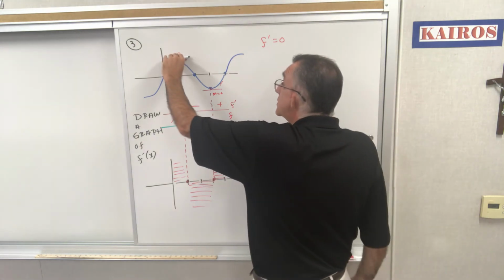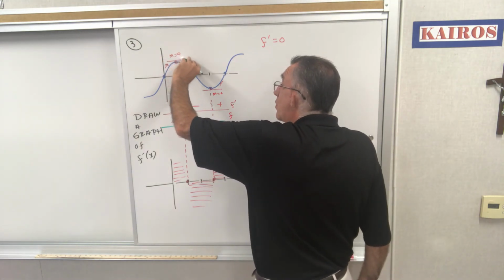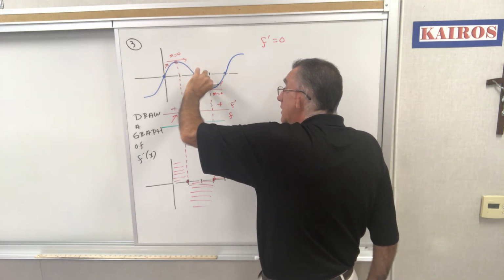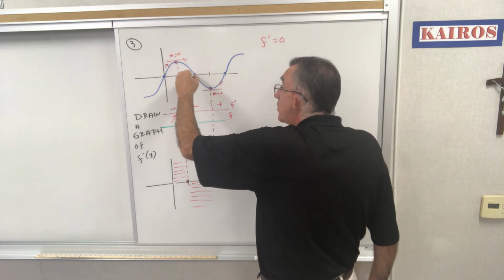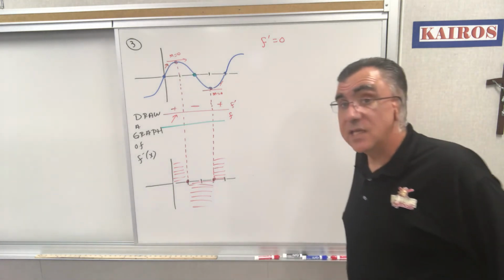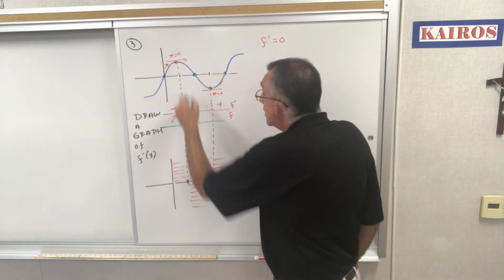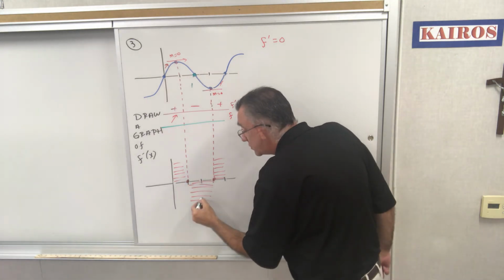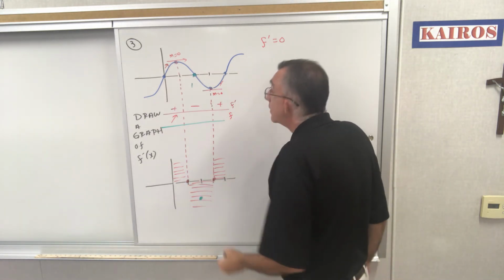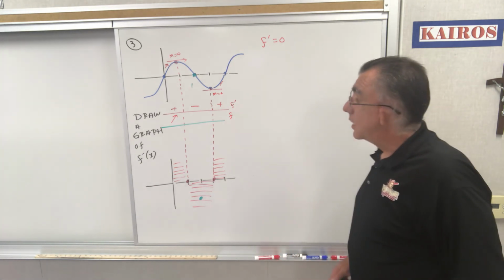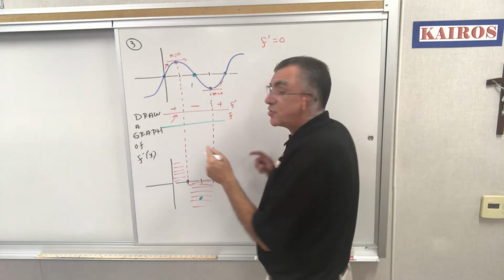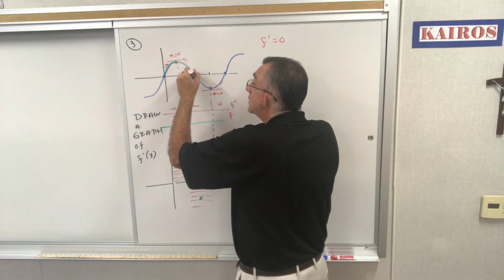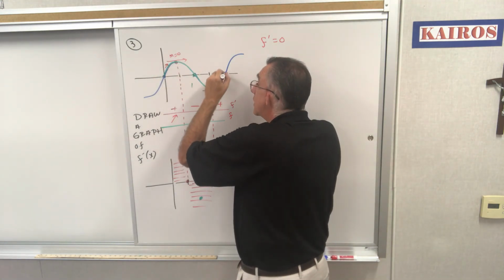Notice the derivative is 0 here, and becomes more and more negative till about here, and then back to being positive. So that point right there is the most negative it's going to be. We know it's negative, but the most negative, and I don't care where you put that point, but once you drop it, it's got to be the most negative. Now, let me show you a shortcut way to find that point. This is called concave down. This is called concave up.